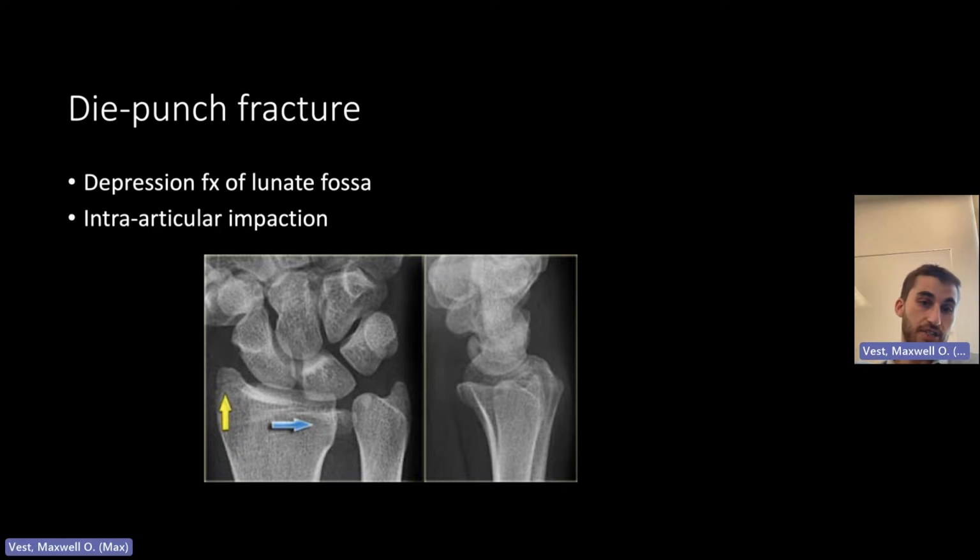And there's die punch fractures, which are depression fractures of the lunate fossa, and you can get intra-articular impaction. These can sometimes be difficult to see with normal radiographs, and these might be cases where you might want to consider a CT scan if you're not sure.